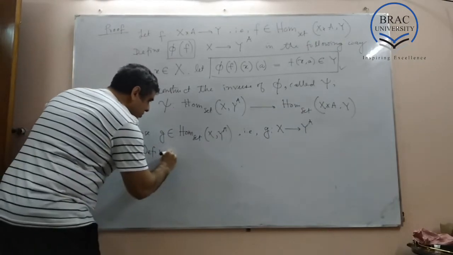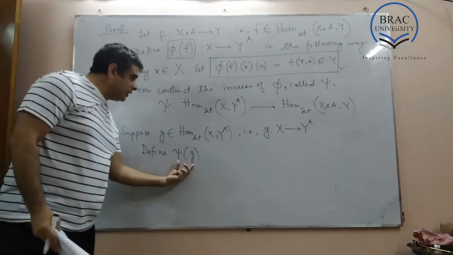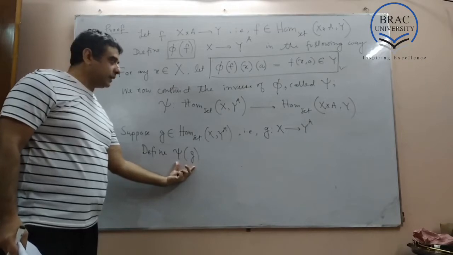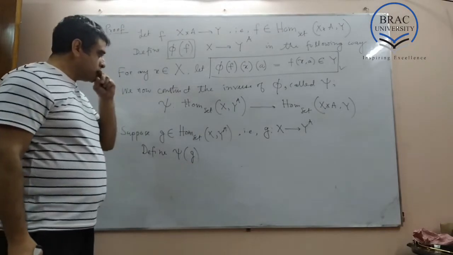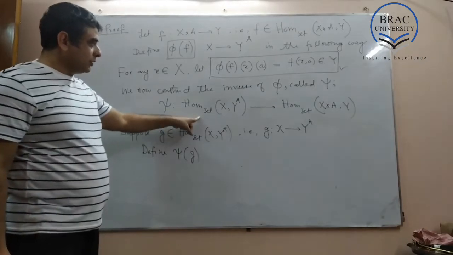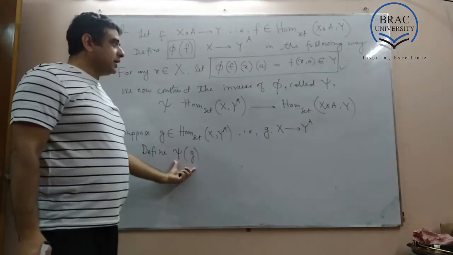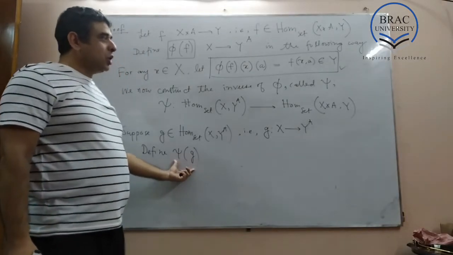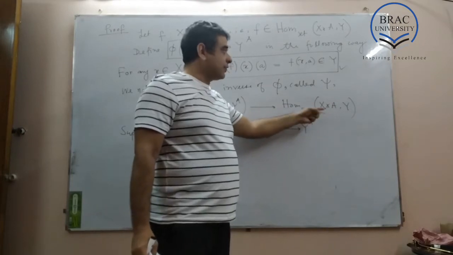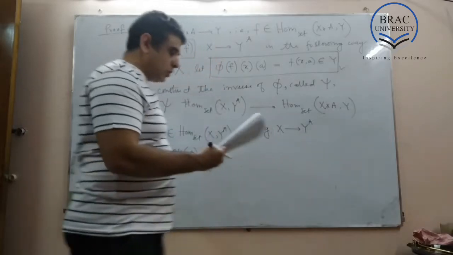Define psi of g. So, where do we expect psi g to live? It is expected to live in here. Psi is acting on an element here, and it is expected to live in here. Okay? So this guy is expected to be a function on X cross A, and the final result after acting on X cross A will be an element of Y. Okay?